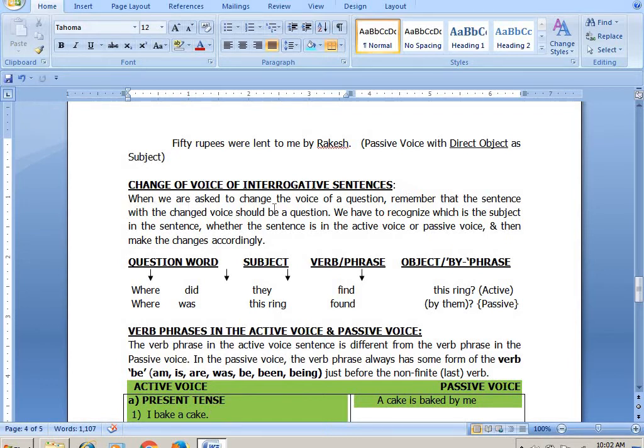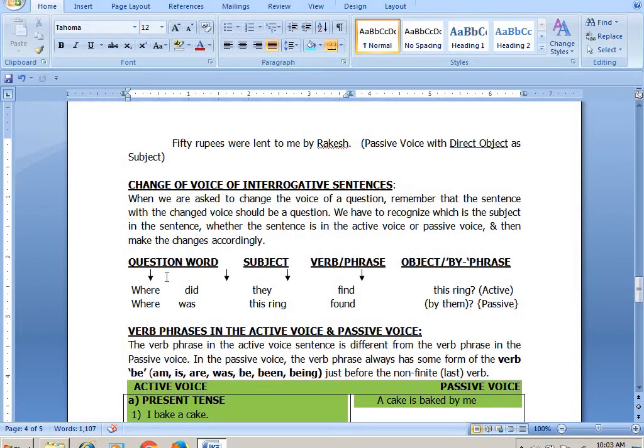When we are asked to change the voice of a question, remember that the sentence with the changed voice should be a question. We have to recognize which is the subject in the sentence, whether the sentence is in active voice or passive voice, then make the changes accordingly.